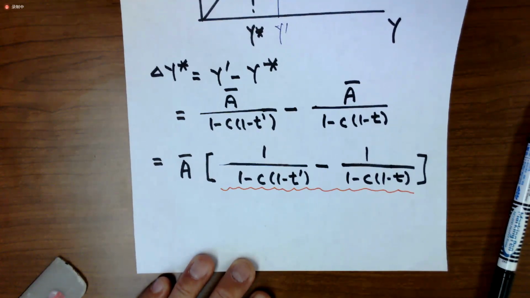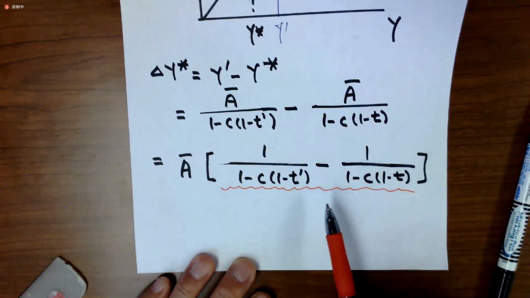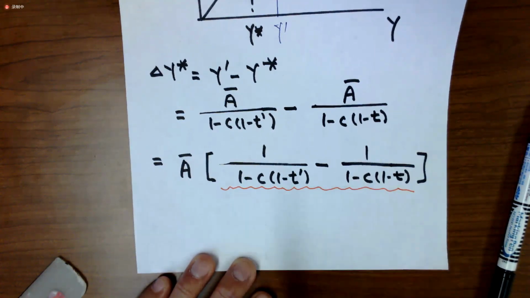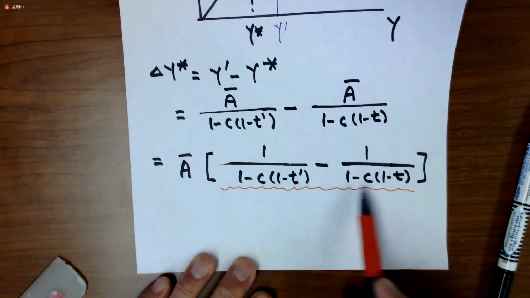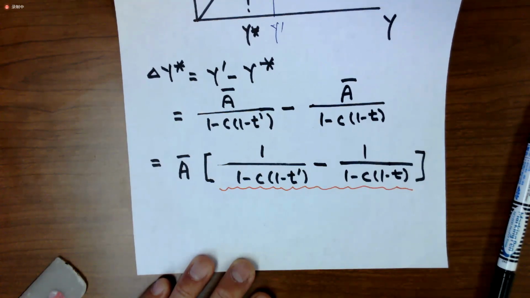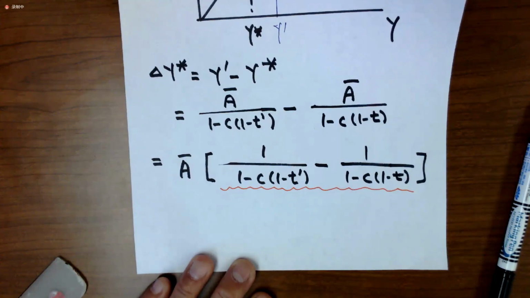All right, guys, we do not want to continue anymore, because once we continue, you're going to get an ugly, complicated expression that I don't want you to memorize, or even see.